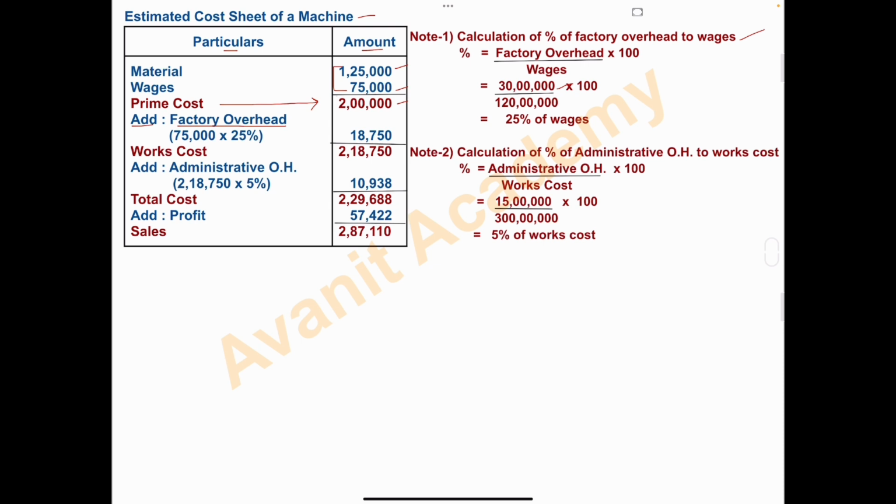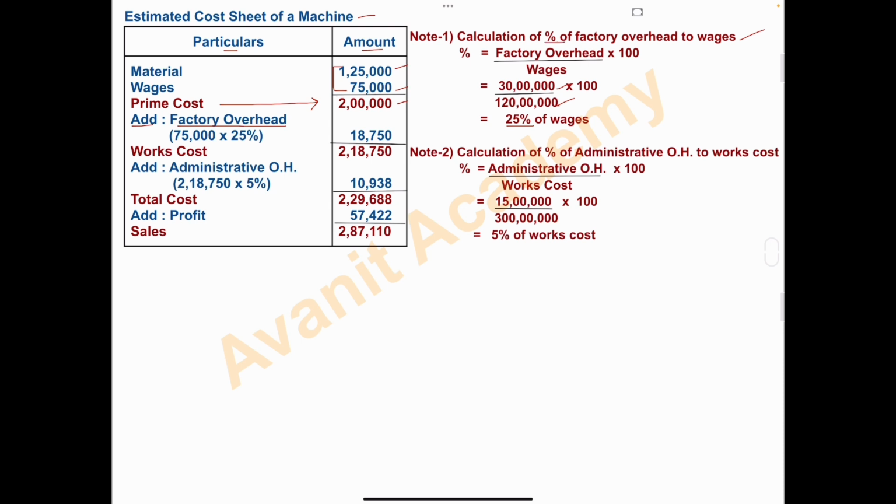So right here, 120 lakhs into 100. Calculate this: 30 lakhs into 100 divided by 120 lakhs. You will get 25%. You have to write percent because here we have multiplied by 100. What are we calculating? Calculation of percentage of factory overhead to wages.